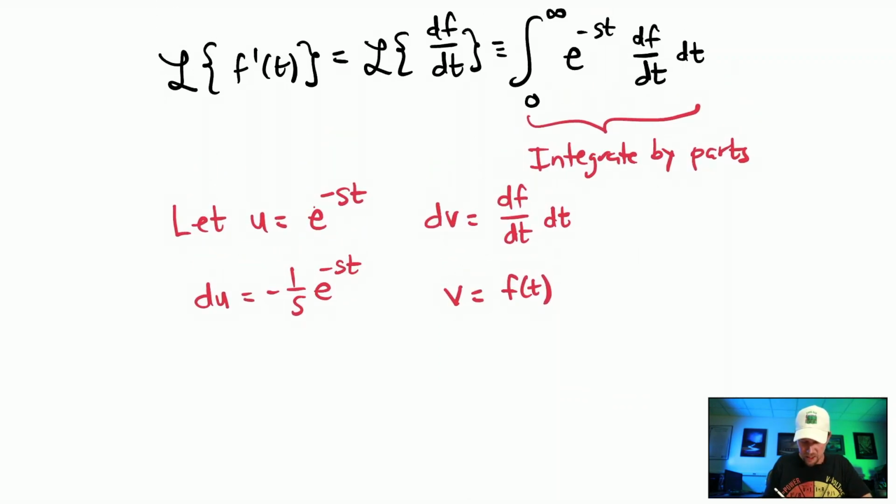So if I'm finding the integral of u dv, well, this is uv minus the integral of v du. Let's assemble the pieces.